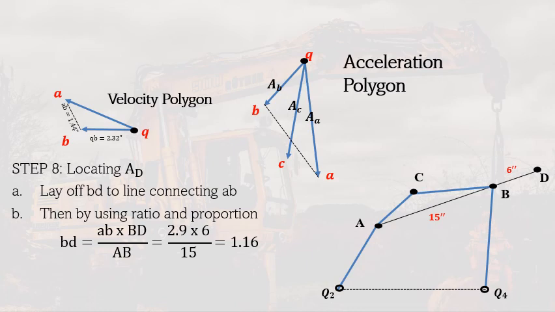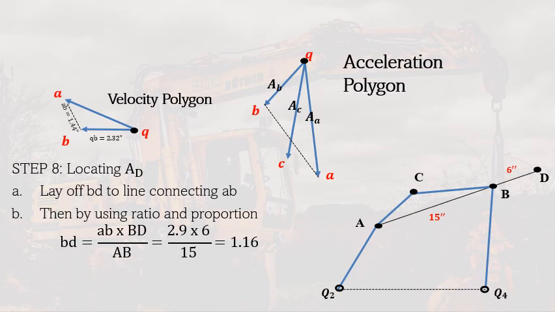So we have BD over big BD is equal to AB over big AB, and then we solve for the unknown, which is BD, and then we substitute the values. So the AB has been measured, so we measure this at 2.9.